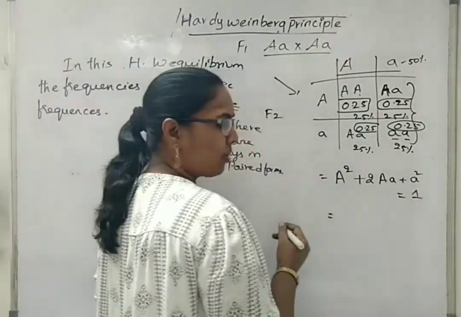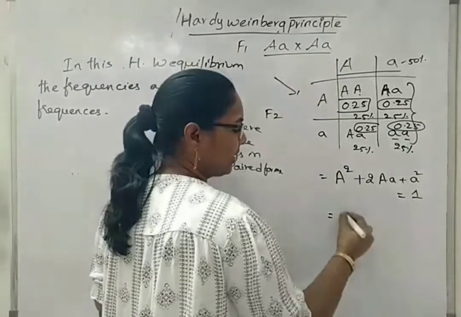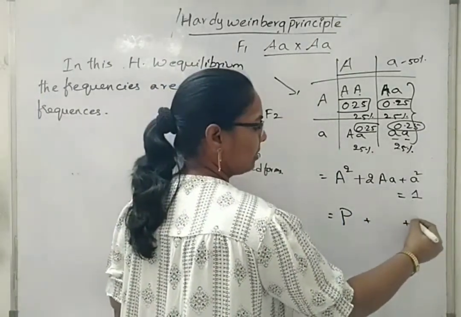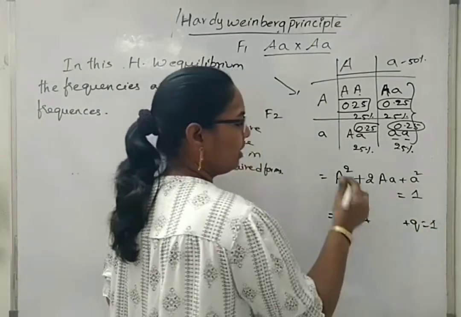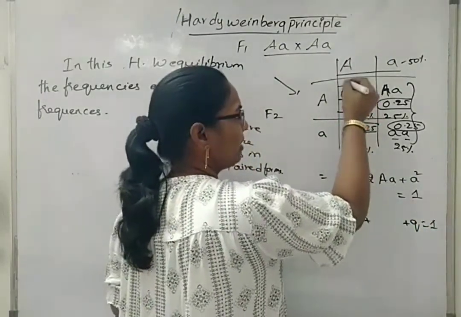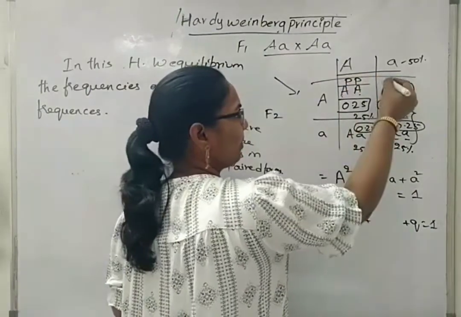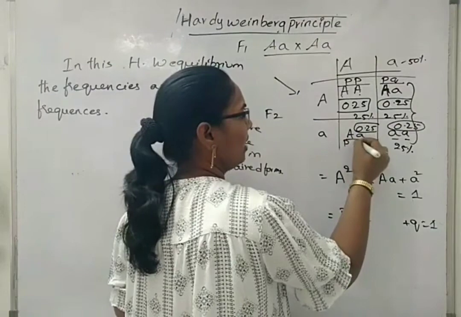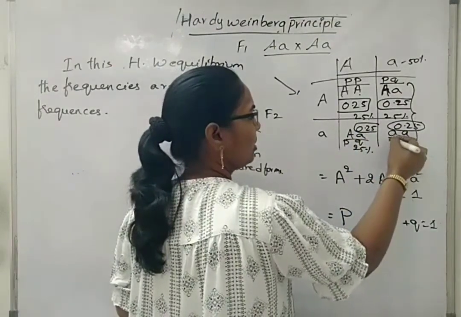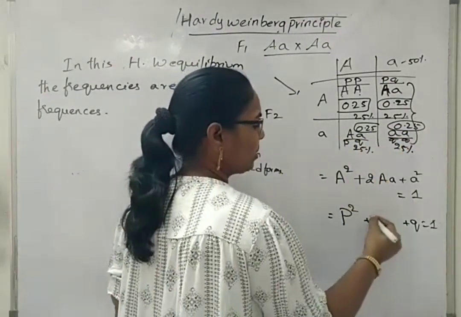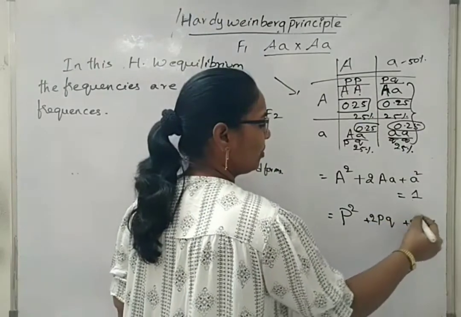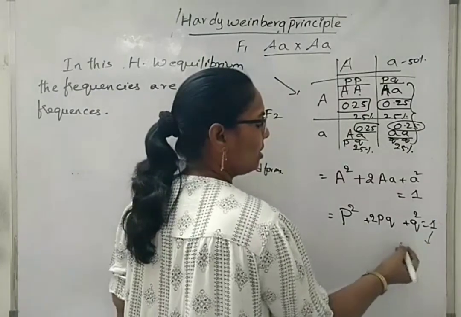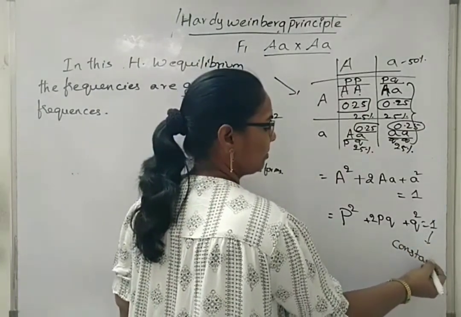But the Hardy-Weinberg equation is mostly explained by taking the alphabets capital P and Q, where P plus Q is equal to 1. Here we have P and P, P and Q, and Q and Q. We can write P square plus 2PQ plus Q square is equal to 1. 1 is considered constant for that species.